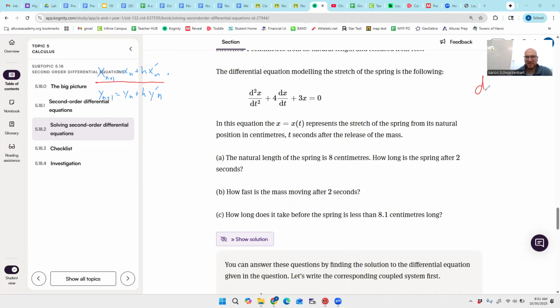I'm going to start with dx/dt equals y. And then we'll do our y dot plus 4y plus 3x equals 0. So the second derivative is y prime, correct? And we'll solve.